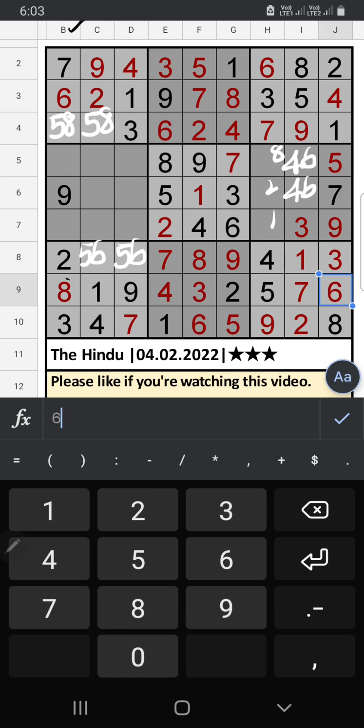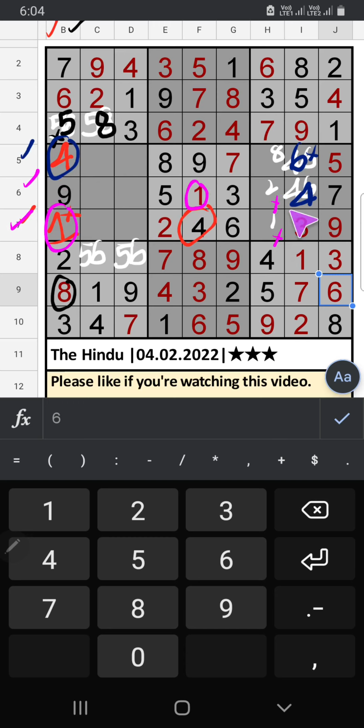Column B we have 8, so 8 can't come in this cell, 8 is confirmed here, then 5 is here. Column B, only 2 numbers are remaining, 1 and 4. 7th row we have 4, so 4 can't come in this cell, 4 is confirmed here, then 1 is here. 5th row we have 4, so 4 can't come in this cell, 4 is confirmed here, then 6 is here. 6th row and 7th row we have 1, so 1 can't come in these cells, then 1 is confirmed here.